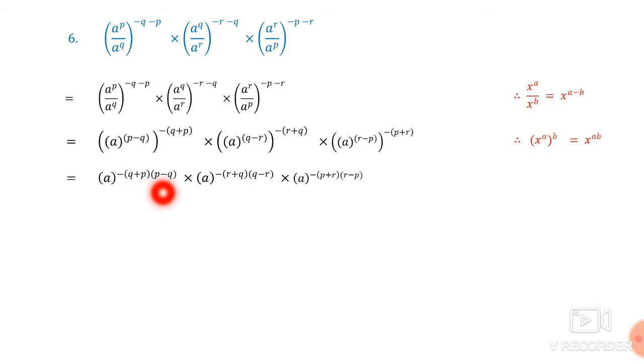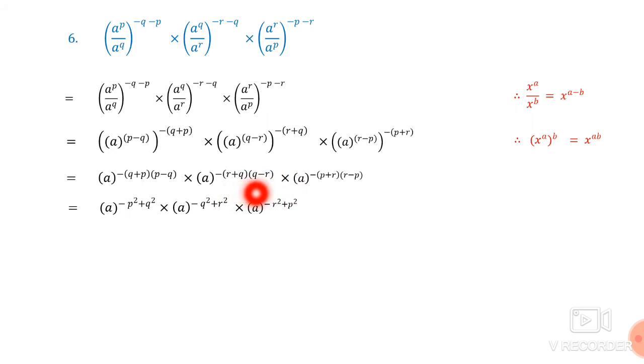We put squares according to the bracket that has negative signs. When this minus sign is multiplied with p square minus q square, it will become minus p square plus q square. Same thing happens with this bracket and with this bracket.